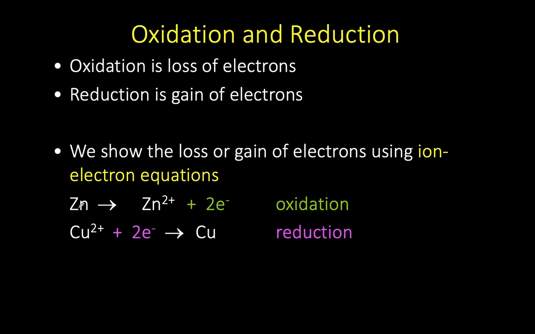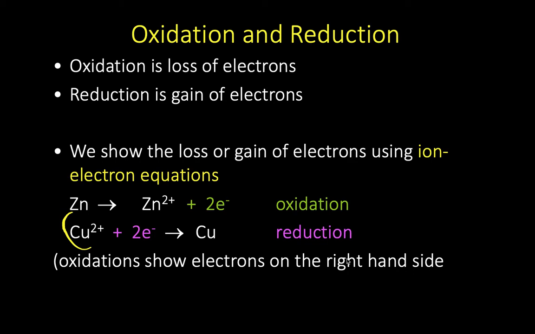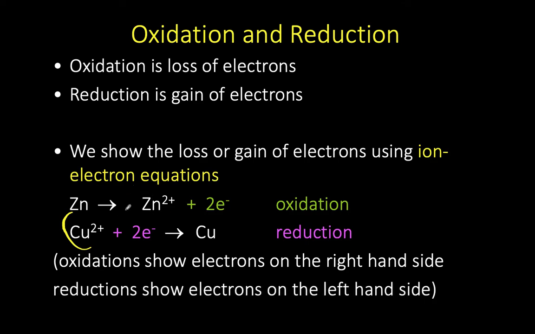In this reaction, our copper 2 plus ions are gaining electrons and becoming a copper atom. Gain of electrons is reduction. Oxidation reactions have electrons on the right hand side of the arrow, and reduction reactions have electrons on the left hand side of the arrow.